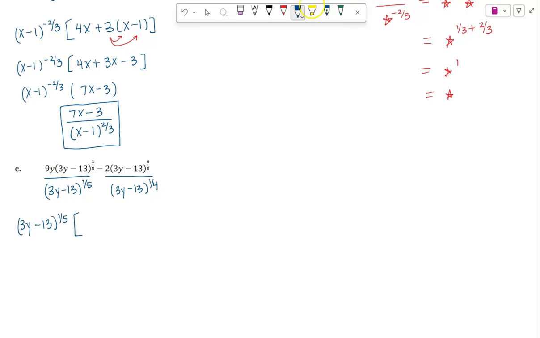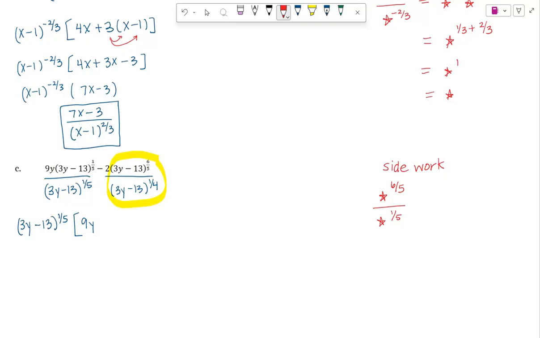And then we want to see what's left over. For the first term, all of this will cancel, and I have 9y left over. For the second term, I need to see what happens between these two items. So over on the side, we have something raised to the 6/5 power divided by something raised to the 1/5 power.